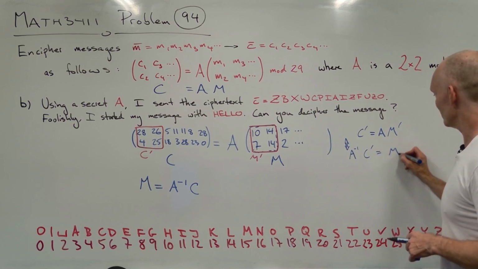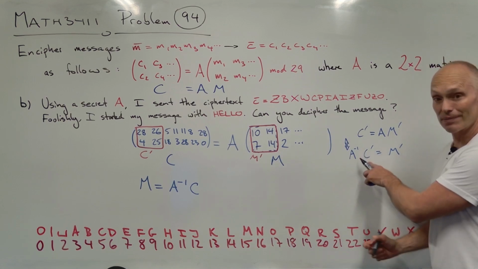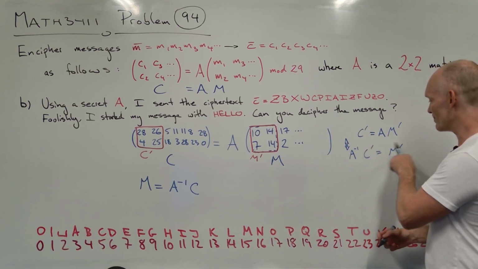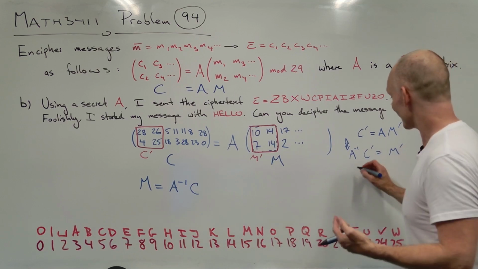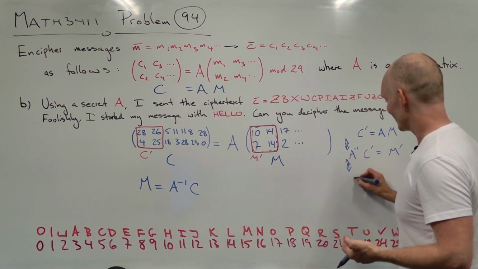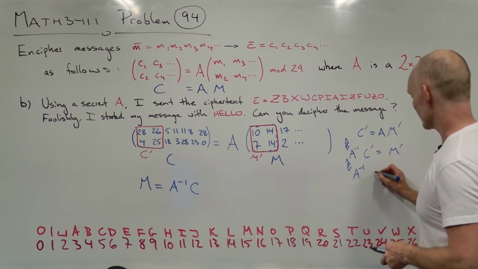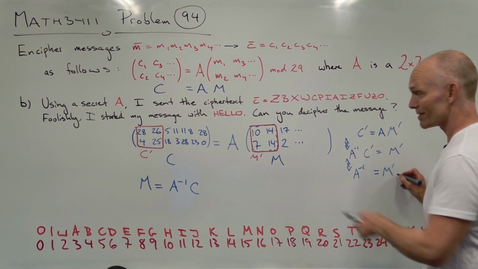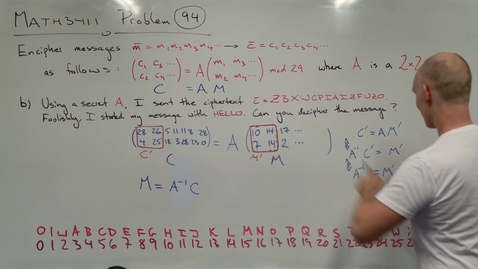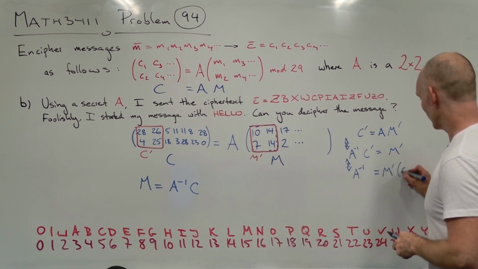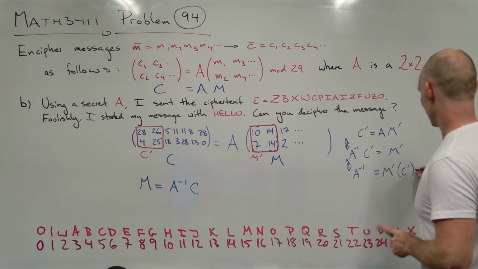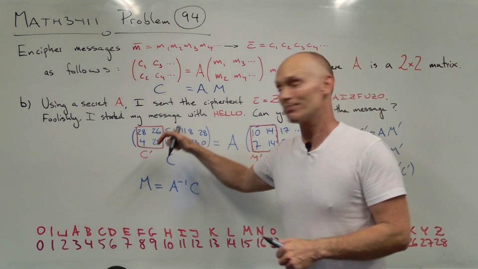is equal to M prime. And if I then multiply by the inverse of C prime, then I will get the inverse of A here. So this is going to be equal to this little matrix M prime times the inverse of this little matrix C prime.